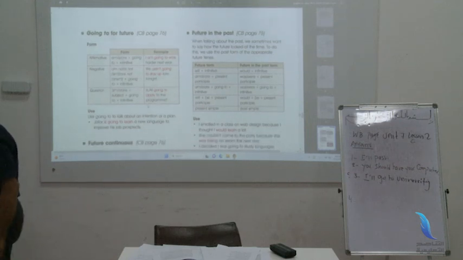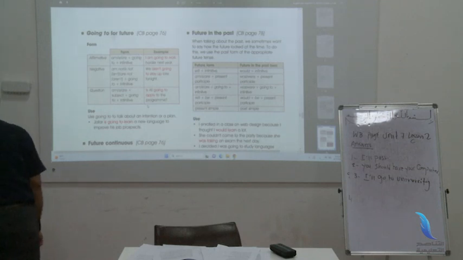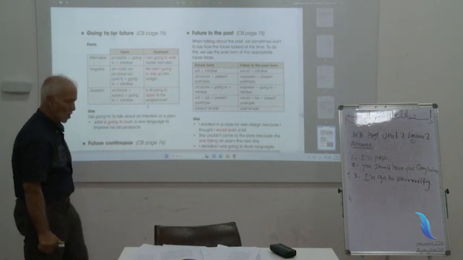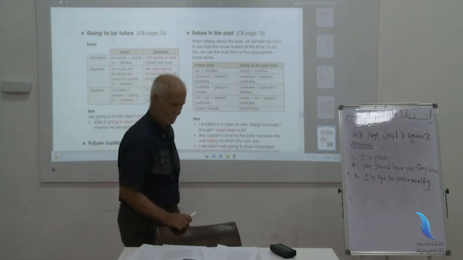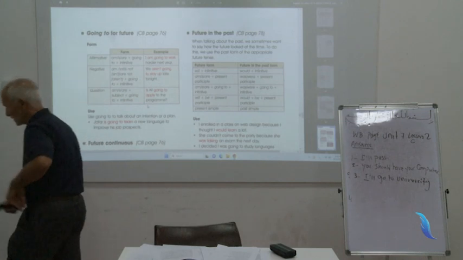Also, going to is used to indicate future, to talk about an intention or a plan. Jafar is going to learn a new language to improve his job prospects. I'm planning. I'm going to do well on the exam.